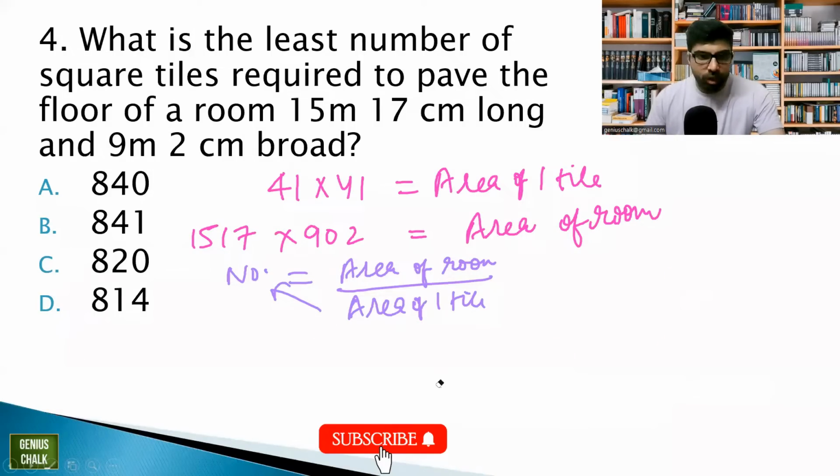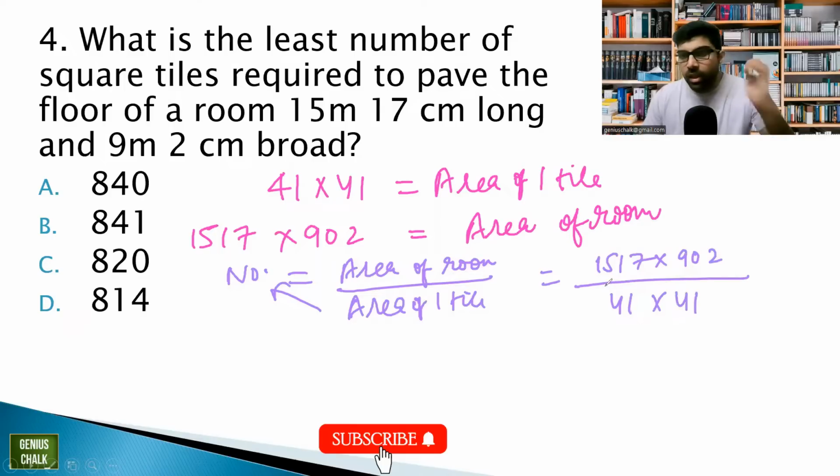So what is the area of the room? That is 1517 into 902, and 41 into 41, just cancel it. Now since HCF is a factor, it must cancel both of them. 41 twos are 82, so you are left with 22 times.